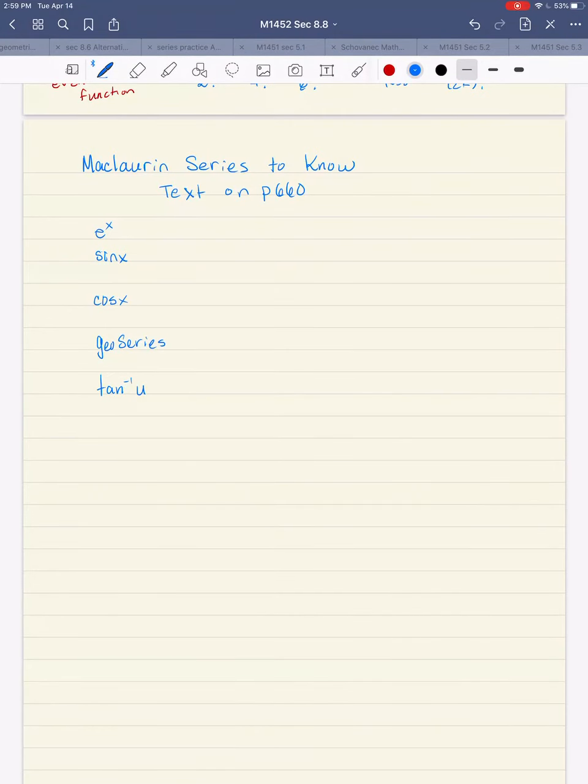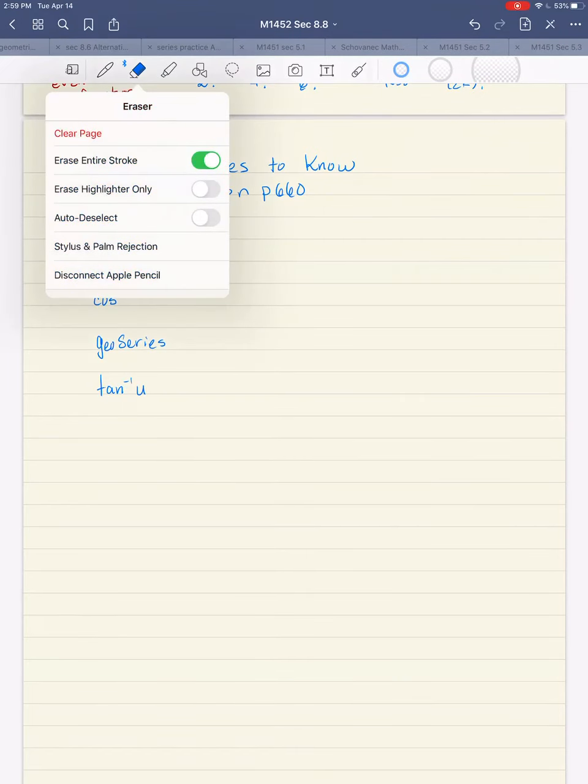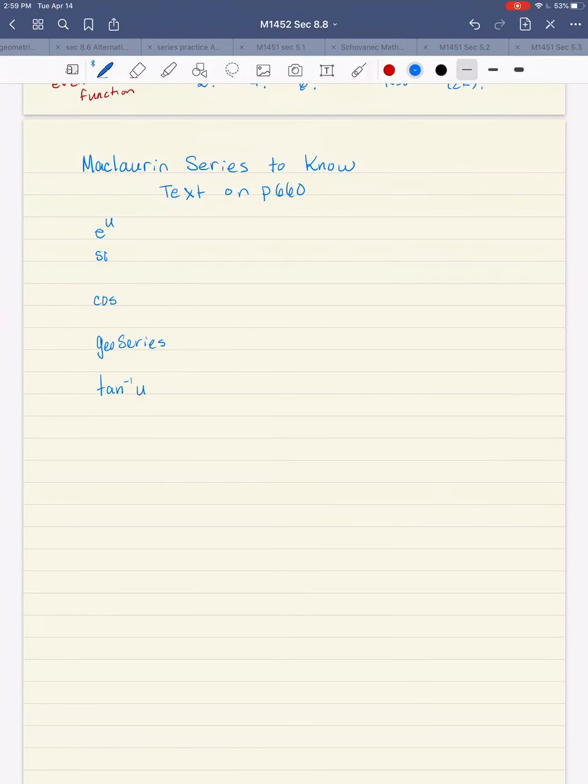That one I wouldn't really worry about knowing, but if you know it, again, you can do these in general, e to the u instead of e to the x.